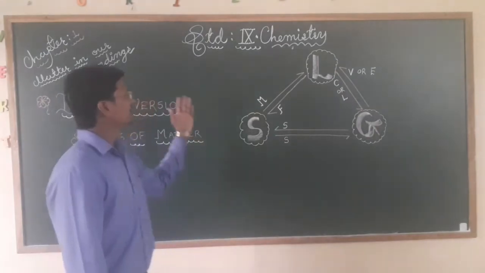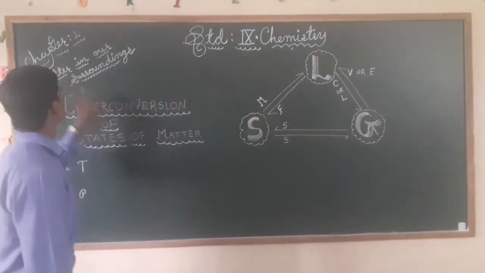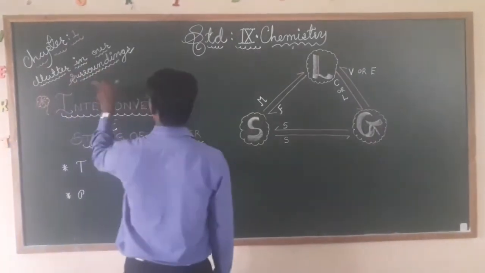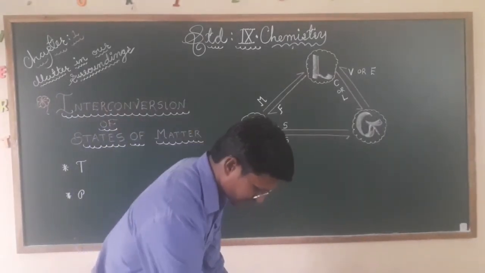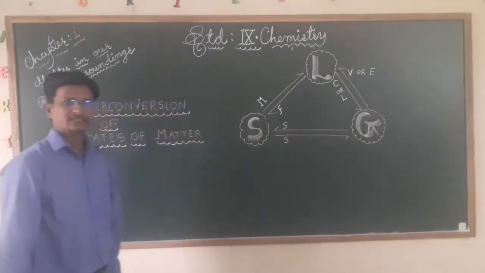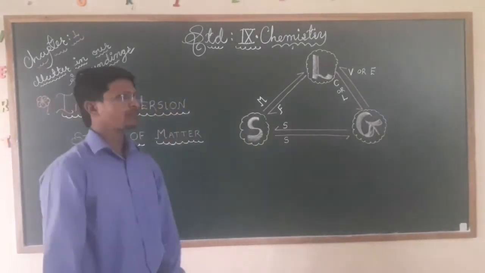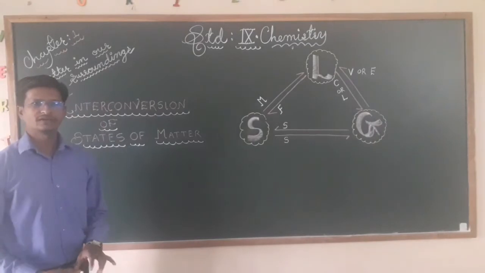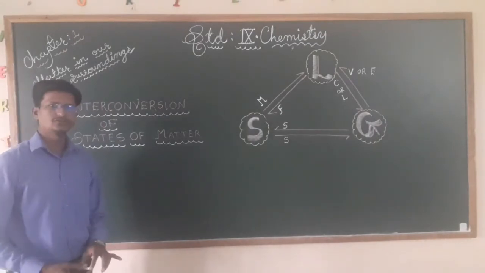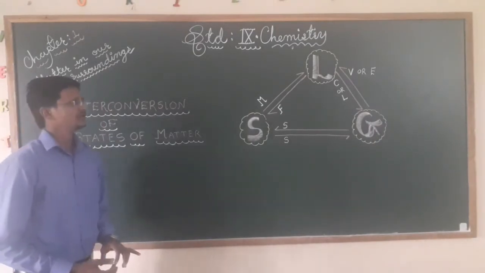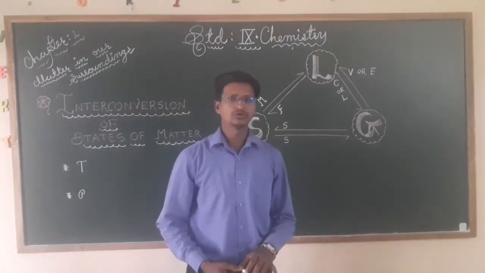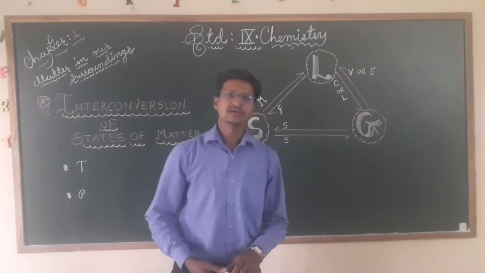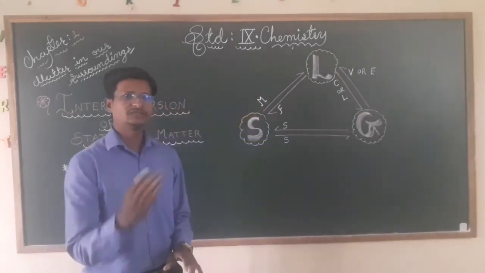We are in our chemistry chapter 1, Matter in Our Surroundings. In my previous video, we discussed the different states of matter, solid, liquid and gas, and we compared them. We also discussed temperature-related topics, how to convert Celsius to Kelvin, Kelvin to Fahrenheit, and vice versa.